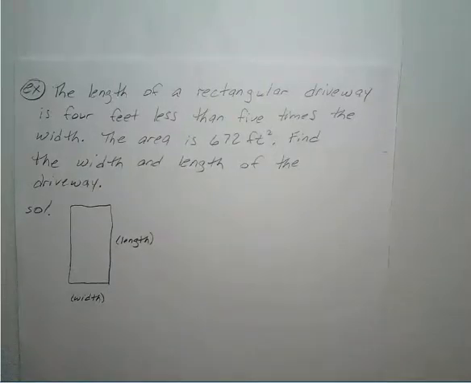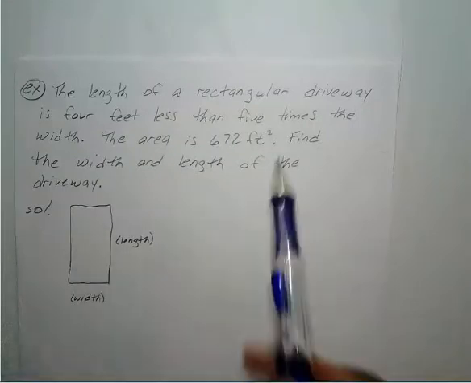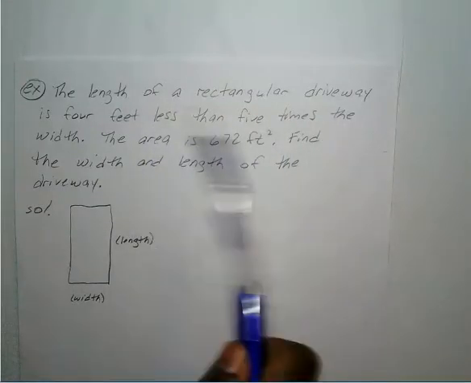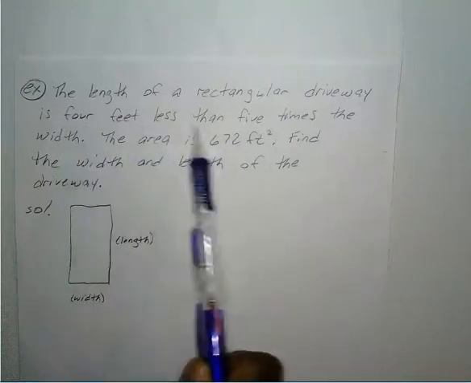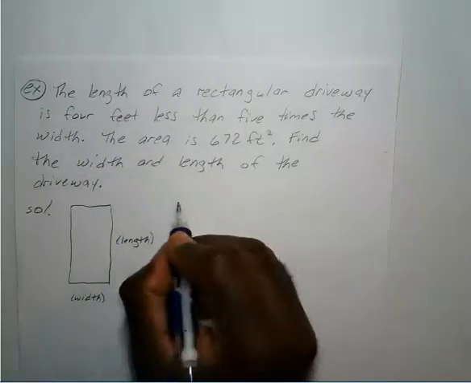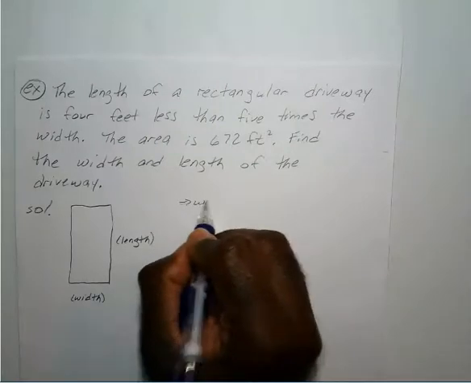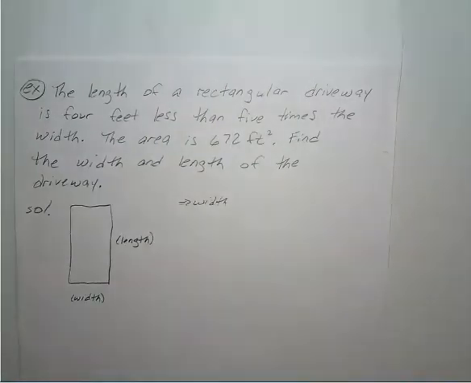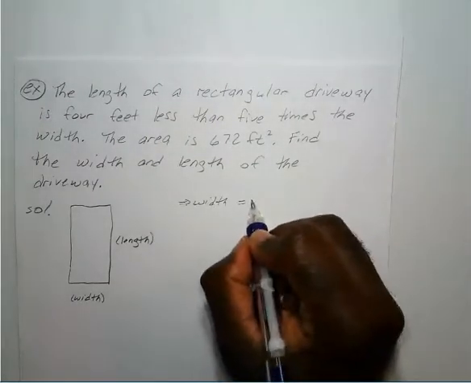Okay. Now we know that the length is 4 feet less than 5 times the width. So that means that our width, we don't know what that is, we'll make that equal x.